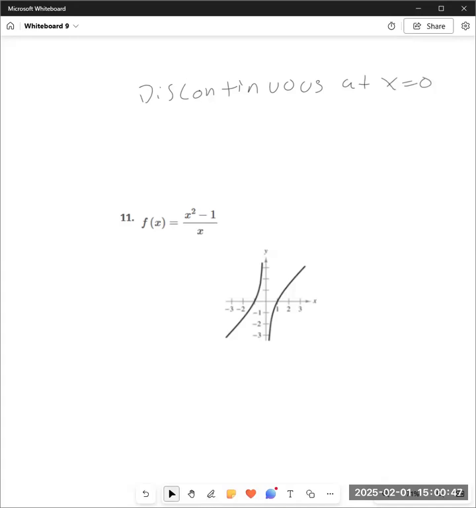And so my complete answer here, when they ask me for intervals for which it is continuous, will be negative infinity to 0, union 0 to infinity, which is its entire domain.